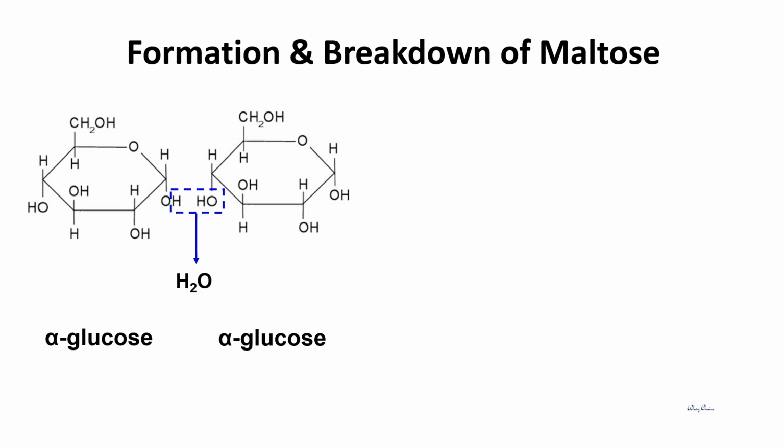The H2O, which consists of 2H and 1O, is removed from the OH group located at carbon 1 of the first monomer, and also the hydroxyl group at carbon number 4 of the second monomer. So this is how a water can be removed.